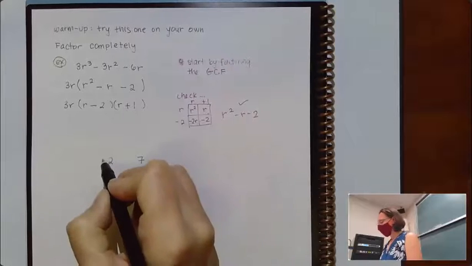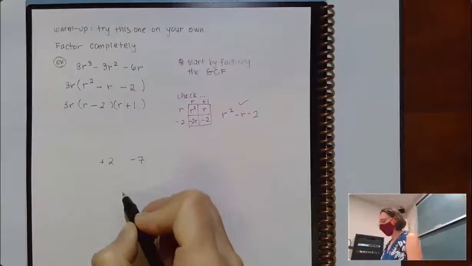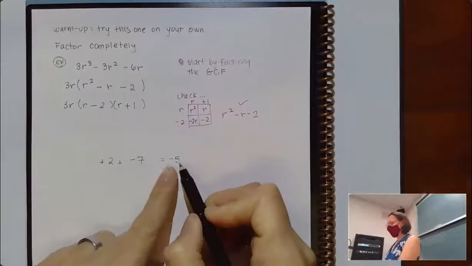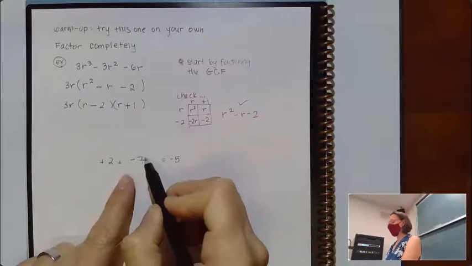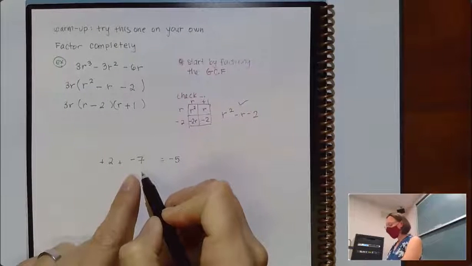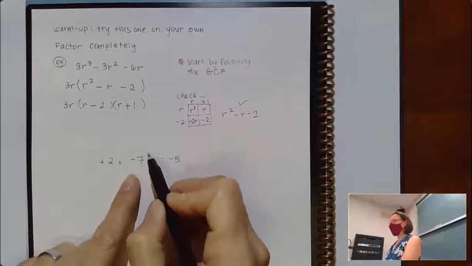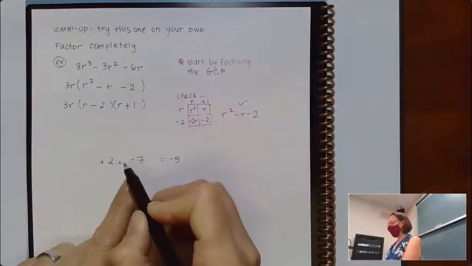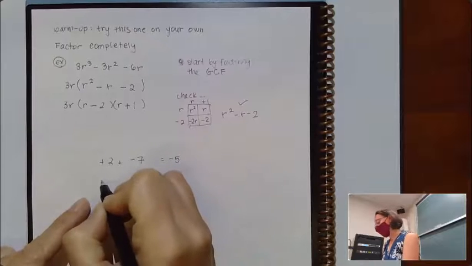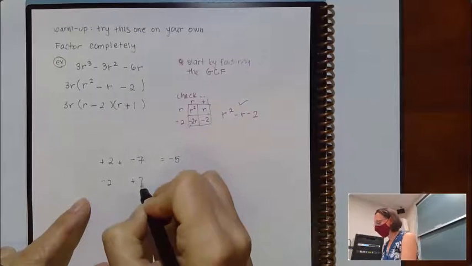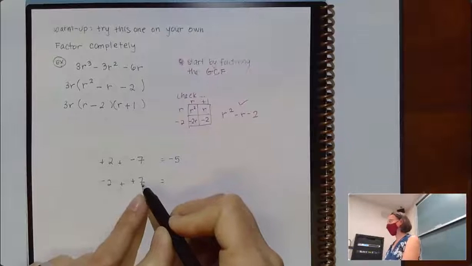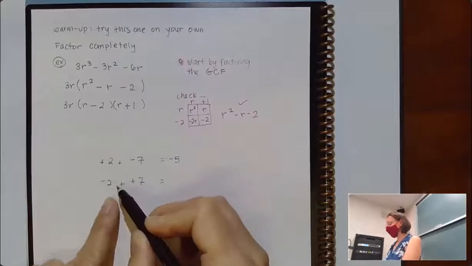Well, if this is a positive 2 and a negative 7 and I add these together, my net result is a negative 5 because that negative 7 has a magnitude that's significantly larger than the 2. So if this were a negative 2 and a positive 7, and I add those together, the 7 has a larger magnitude than the 2 does.